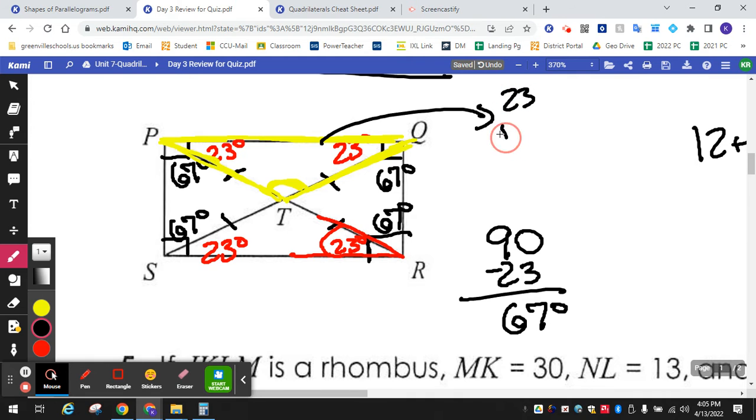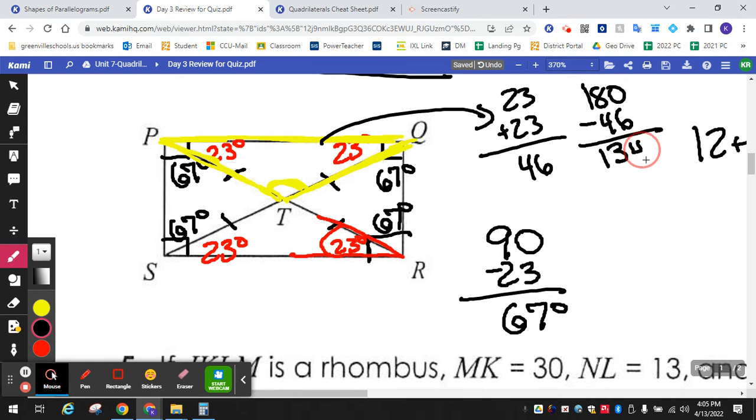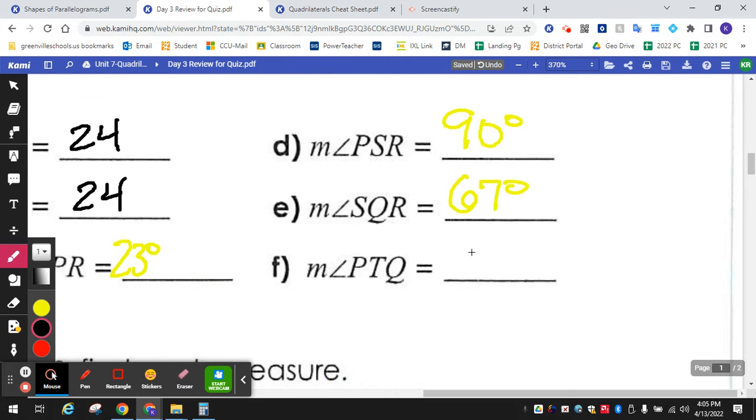So 23 plus 23 is 46. So 180 minus 46 will give me what's left over. 180 minus 46 is 134. So this is 134. And then don't forget vertical angles. If that's 134, this would be 134. And if you're asked to find here, you could do that again. All right, so 134 degrees.